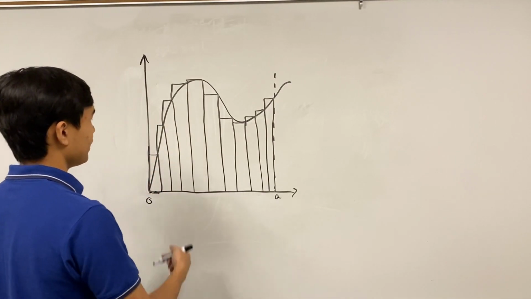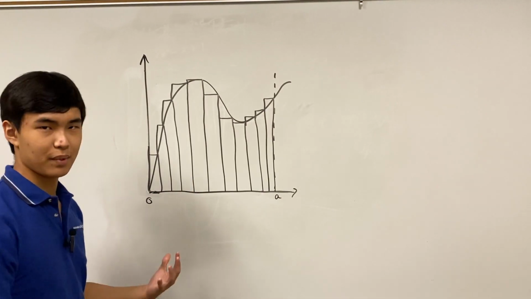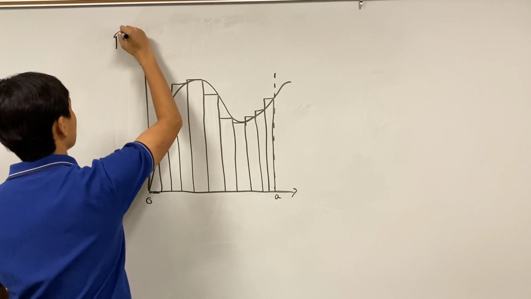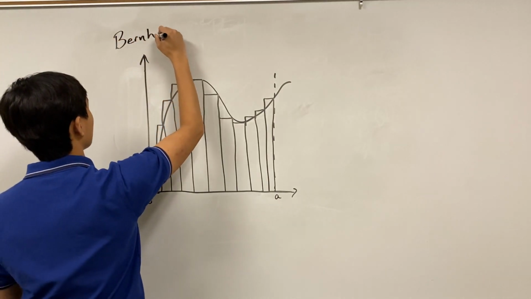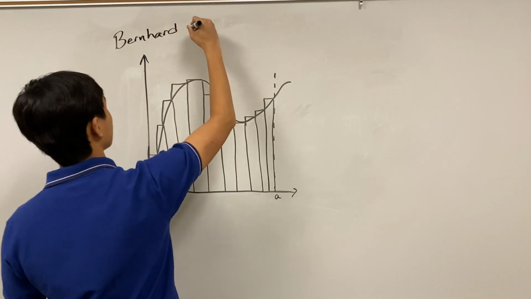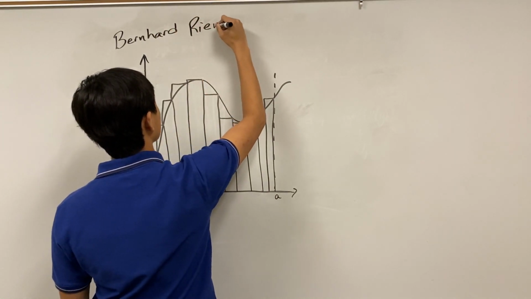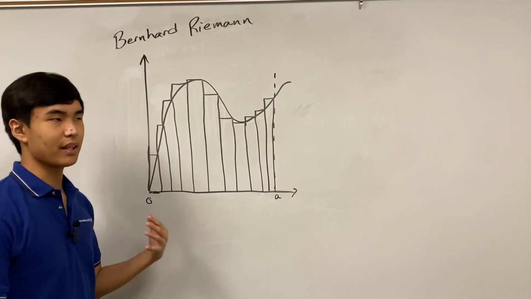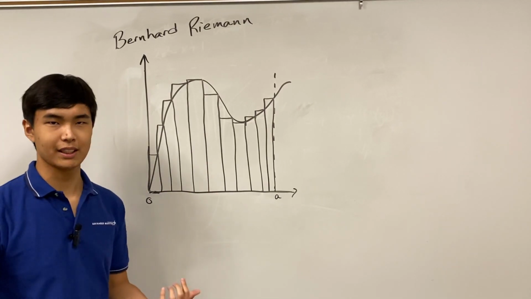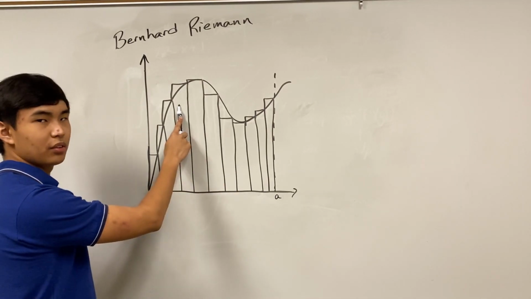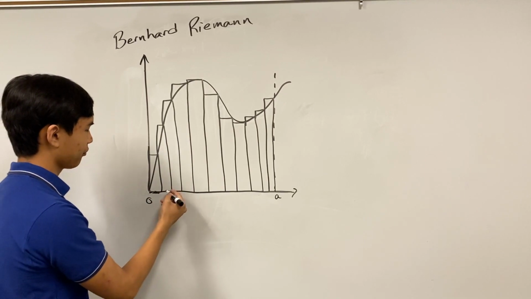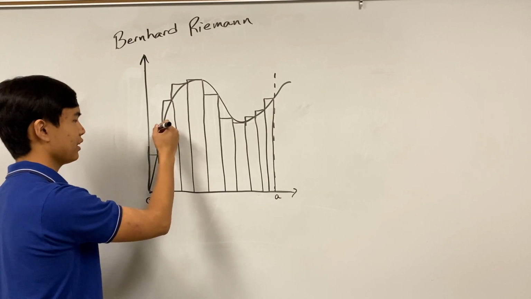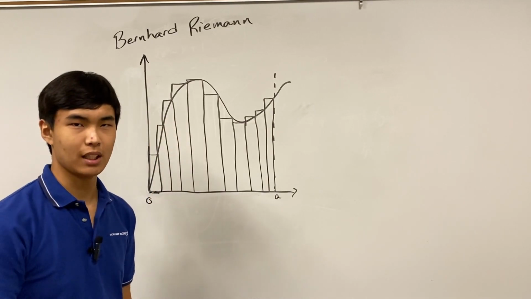And so this is called a left Riemann sum, named after mathematician Bernhard Riemann. Riemann is known for his method of approximating areas using rectangles. So when you go from the axis to the function, and then you go left, this is called a left Riemann sum.